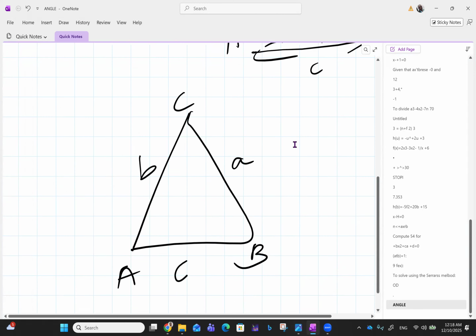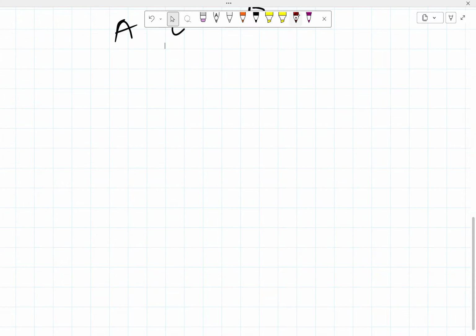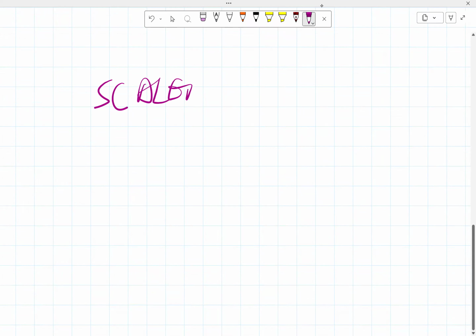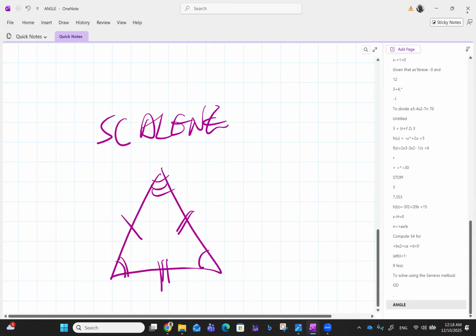So imagine you have a scalene triangle. All the sides are different: one, two, three. And of course, the angles, one, two, three, are all different. That's a scalene triangle.